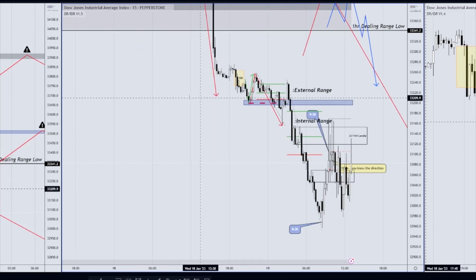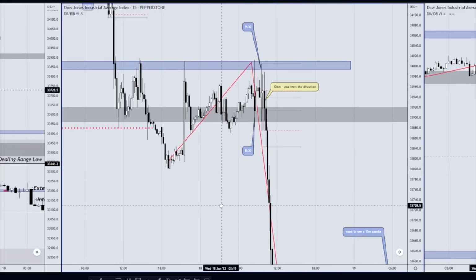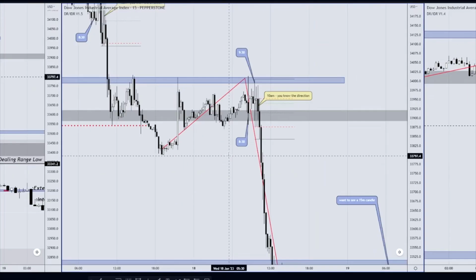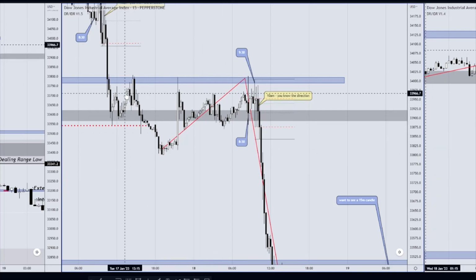Just as an example, if I find another one. So here's this would have been Wednesday the 18th. I haven't marked out the area yet, but 2 o'clock starts here.